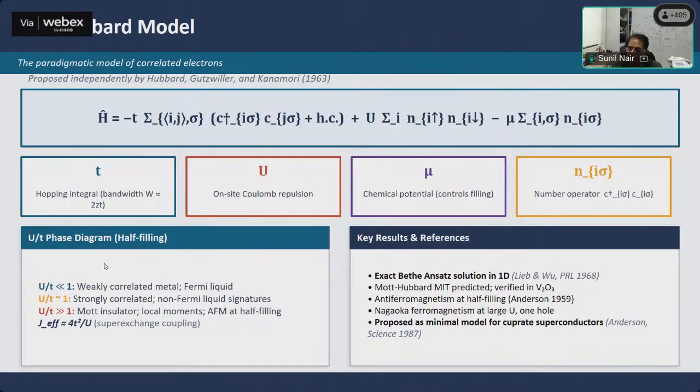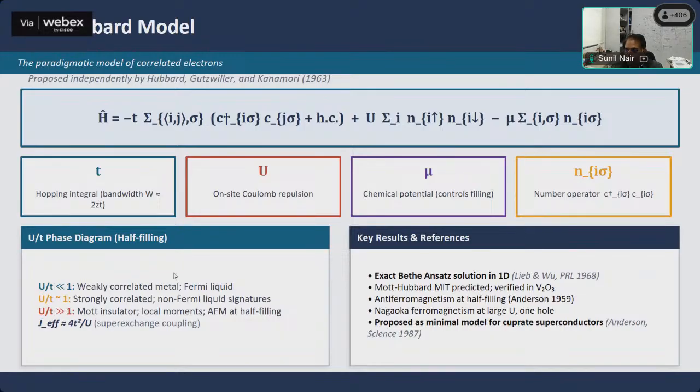in solids. So, for instance, if you have a very large value of the hopping integral T vis-a-vis U, so that means U by T is much less than 1, the bandwidth is very large, the hopping integral is very large, it basically means that electrons can hop very easily from one side to the other.